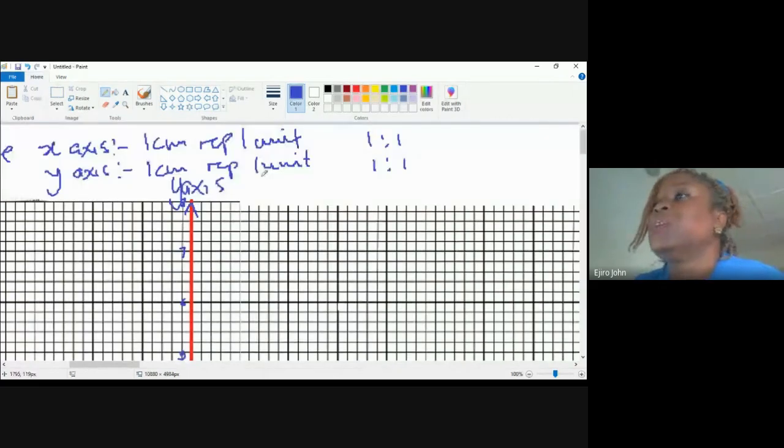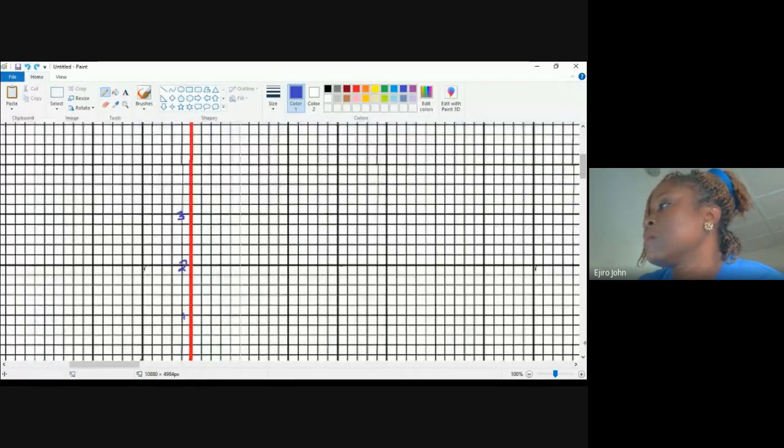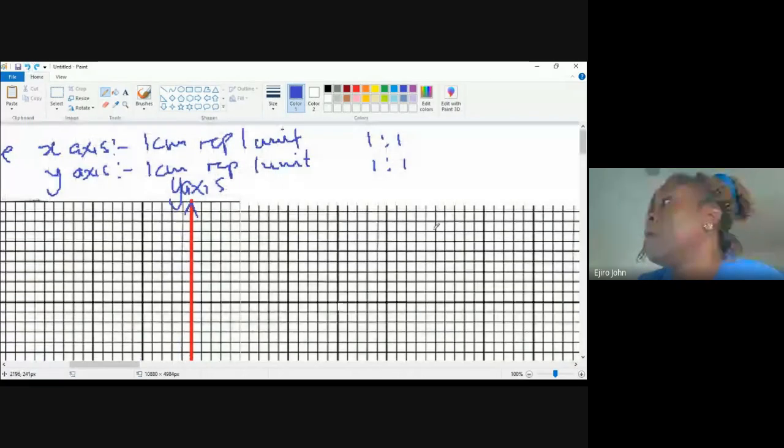For the y-axis only, I can change the scale to let 2 centimeters represent 1 unit.